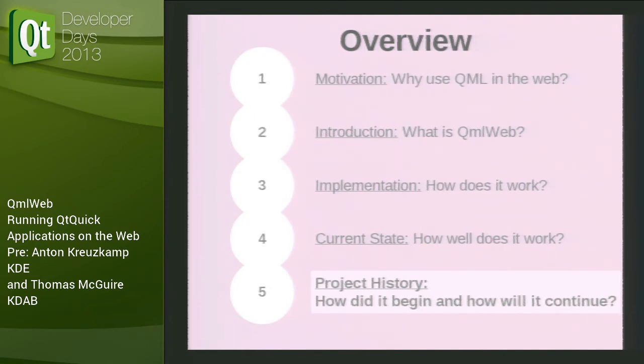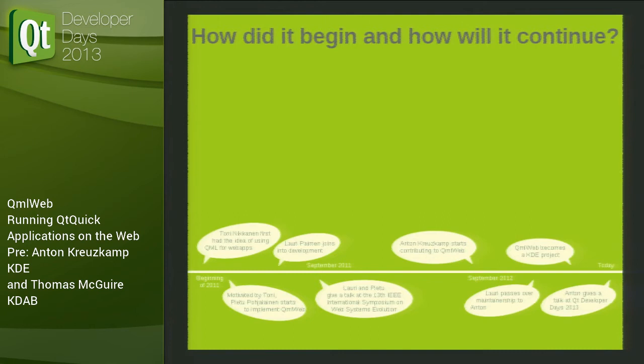The last thing is the project history I want to talk a bit about. I didn't start QML Web, but the development of QML Web already began in the beginning of 2011, when Tony Nikanen first had the idea of using QML for web applications. As he didn't have much spare time, he motivated his friend Tony. Tony motivated his friend Pietu Pohjalainen to start implementing QML Web.